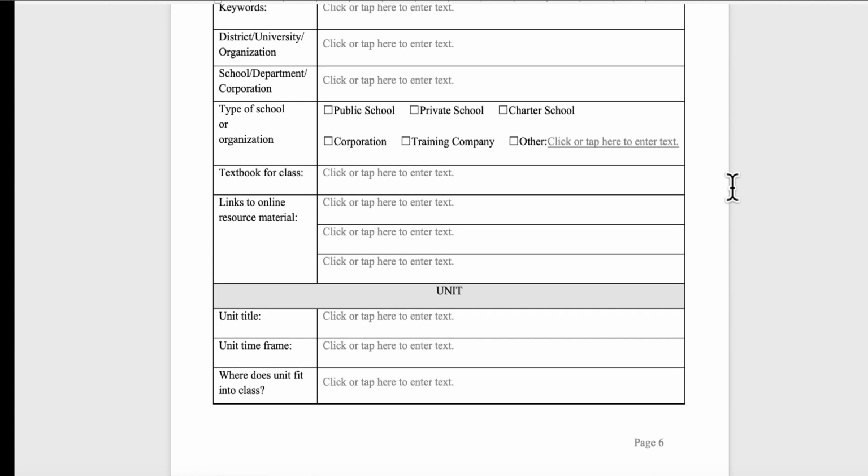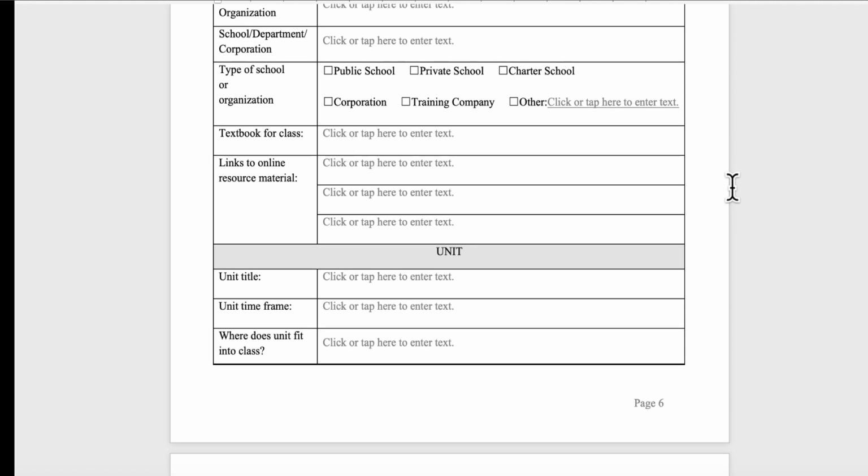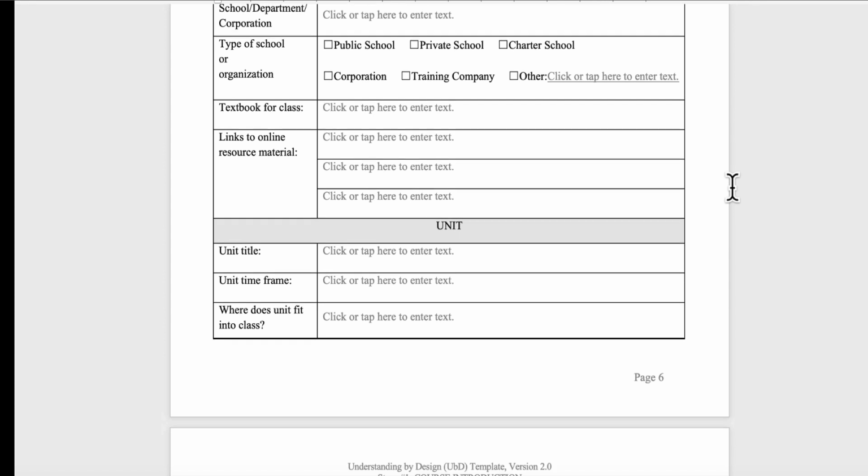Is it a school giving the course or a department at a university? Just some good information that someone might need to know about your class, so that we know the student population and what you are using for resources.